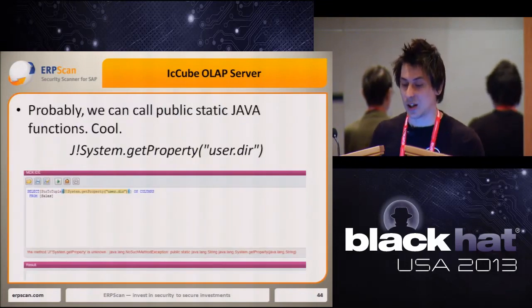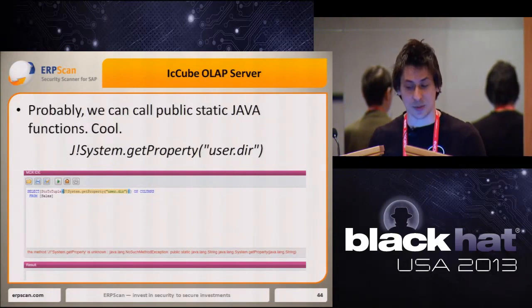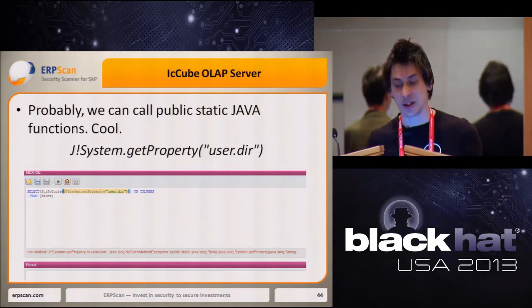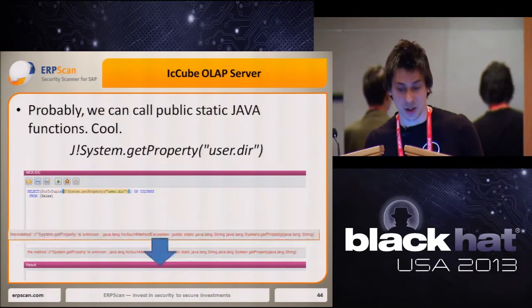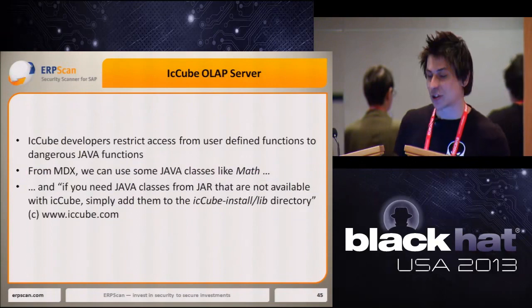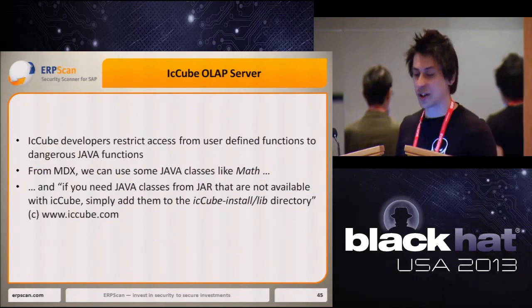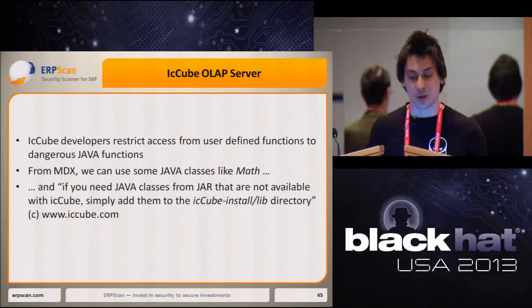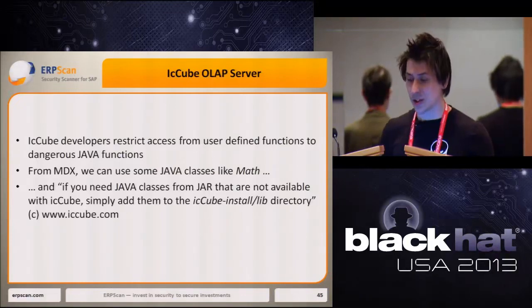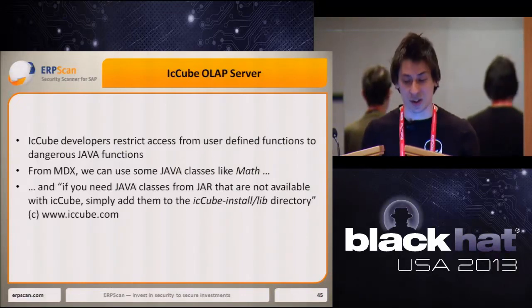Let's try the obvious getProperty method. And here is the part where we got through our first fail. We got an unknown method error. We tried a couple more cheesy functions and concluded that the developer had restricted access for MDX to all dangerous methods and functions and left to us just boring classes like math.